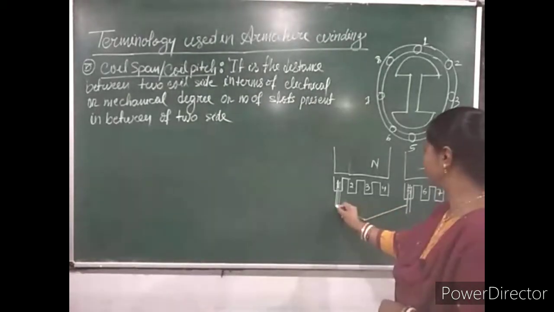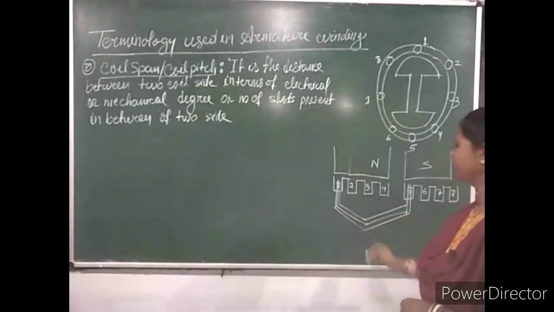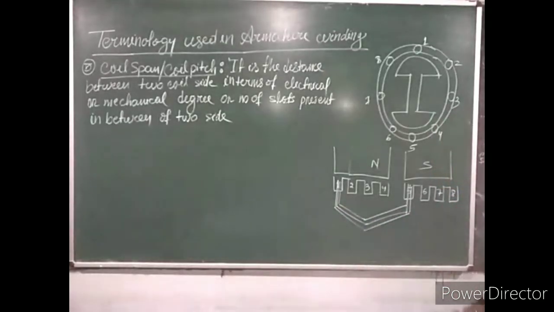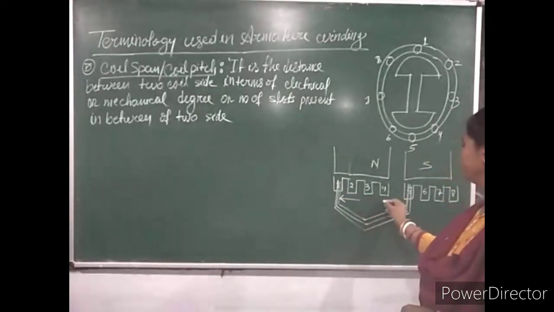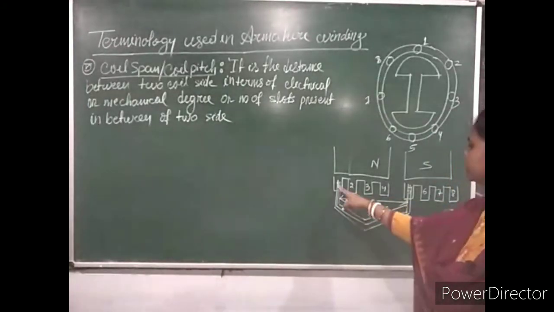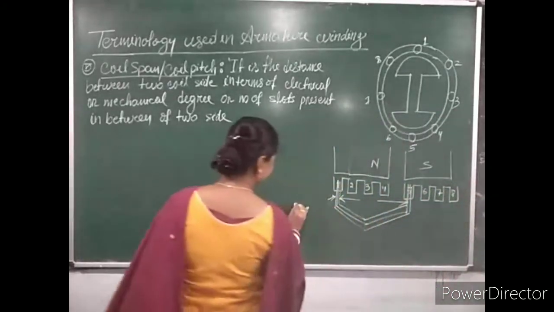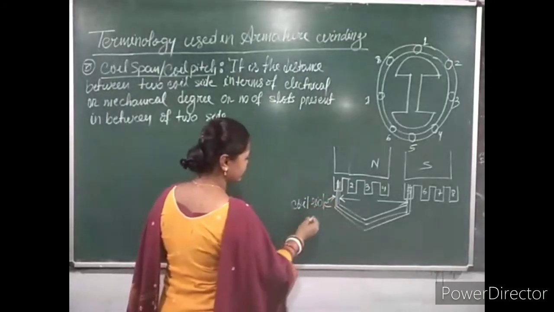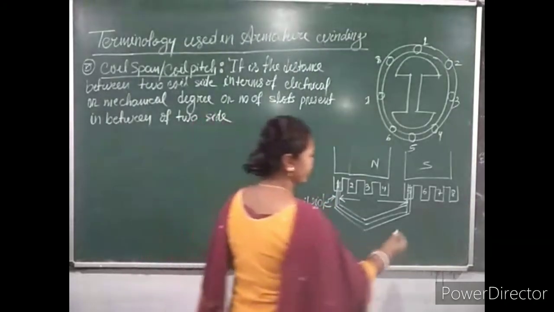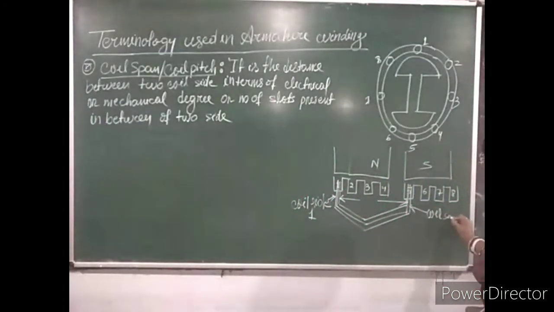So here, which one represents the coil pitch or coil turn? Coil pitch is the difference between these two coil sides. This is coil side 1, and for this coil, this one is coil side 2.